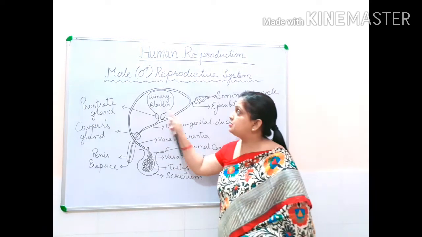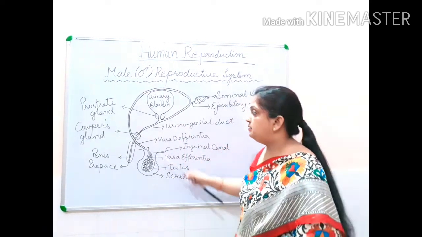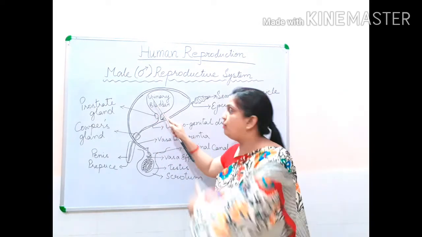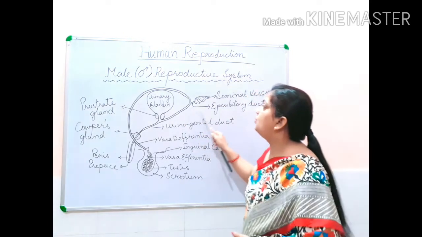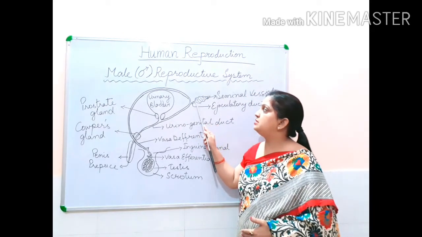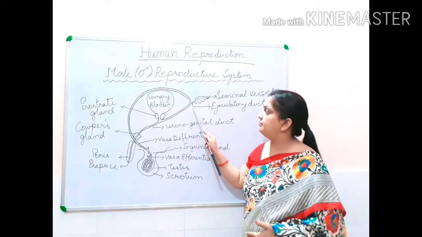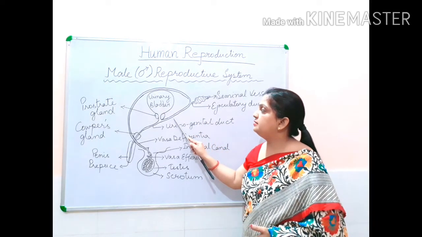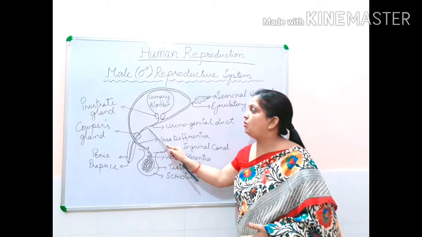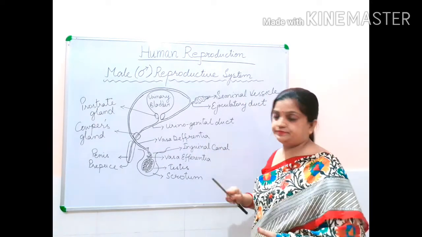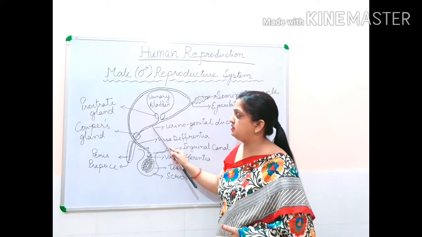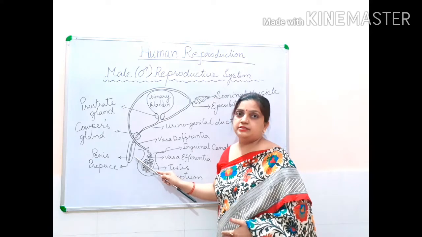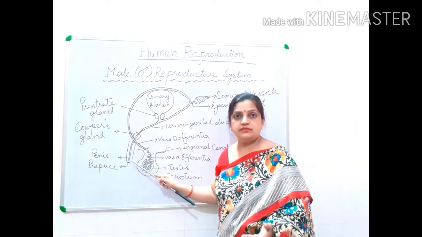This should be paid attention to: the vasa deferentia crosses from the top of the urinary bladder and opens into the seminal vesicle. Then it opens into a duct called the urinogenital duct. Now this urinogenital duct is opening into the penis, which is the external genitalia part of the male reproductive system.